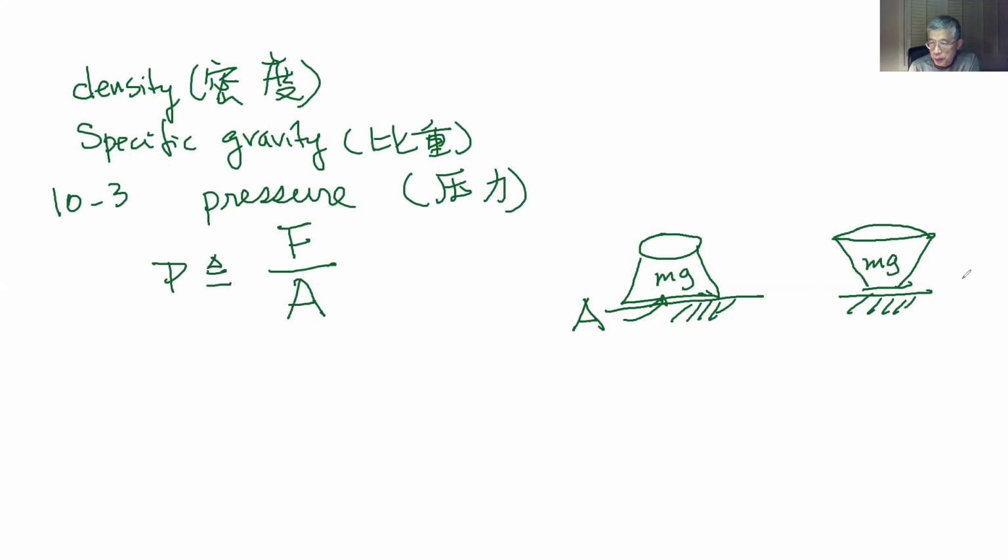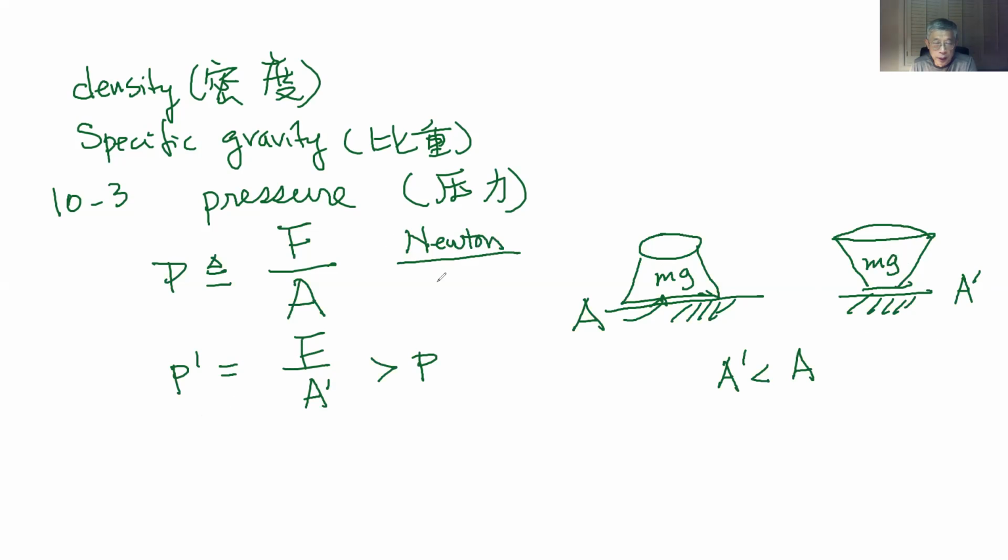Now this area is smaller, so it's A prime, right? So A prime is less than A. So you can see that P prime is going to be larger than P, right?